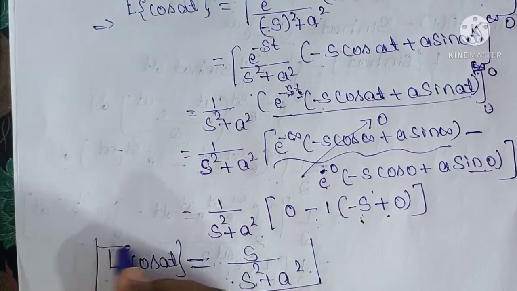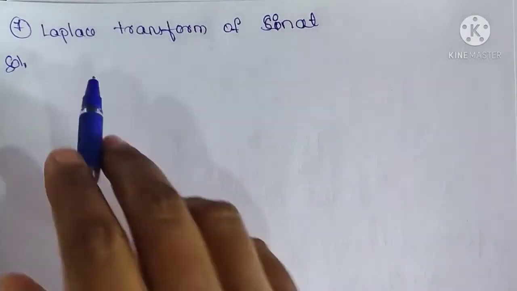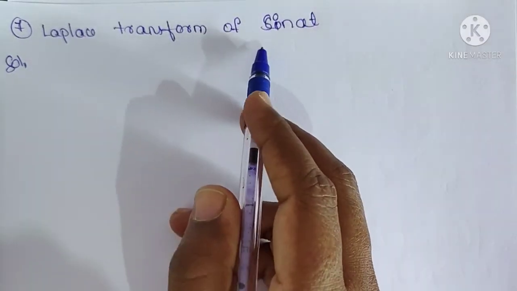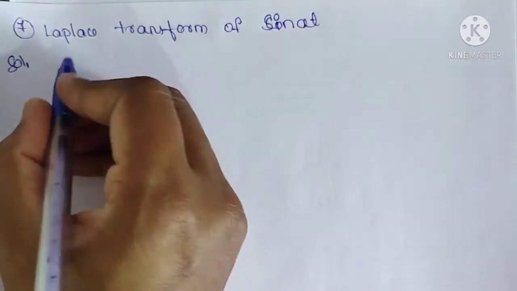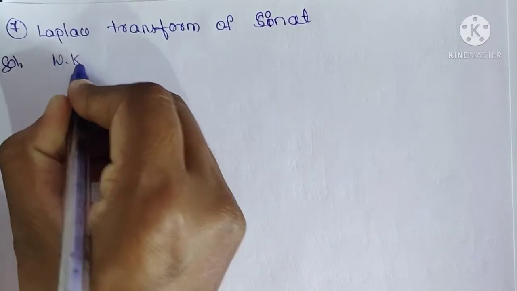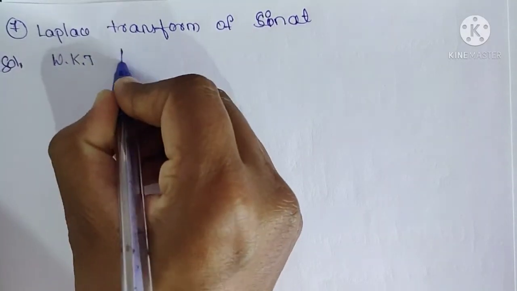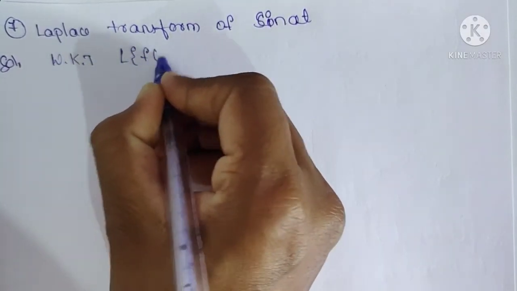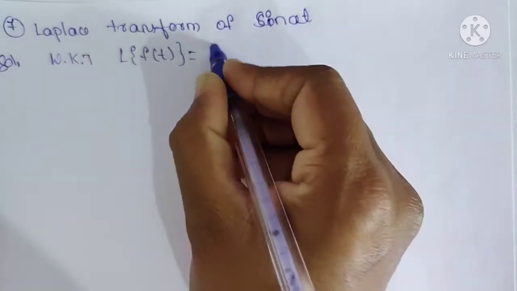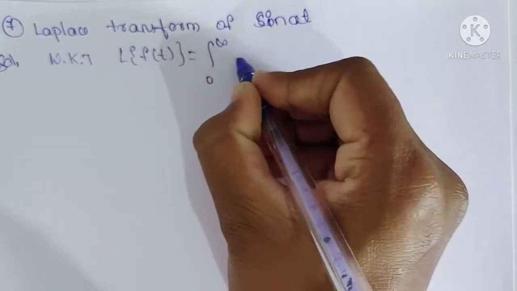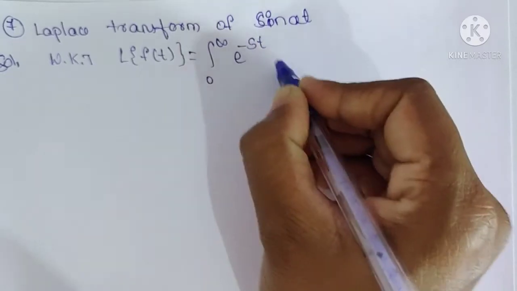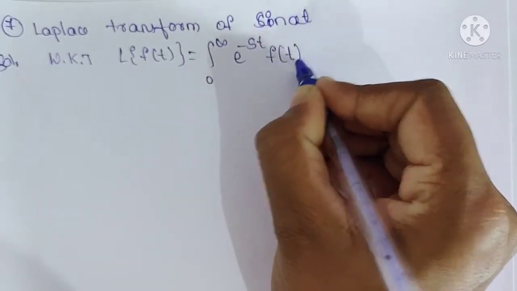Hence the solution. Next one, the Laplace transform of sin at. We know that by the definition of Laplace transformation, L of f of t is equal to the integral from 0 to infinity of e power minus st f of t dt.